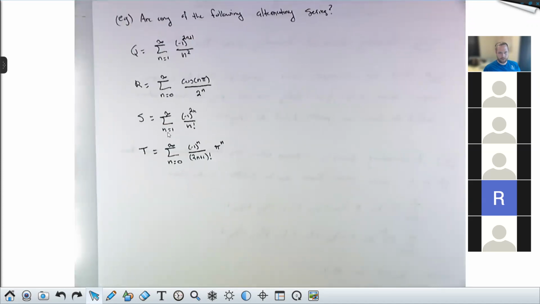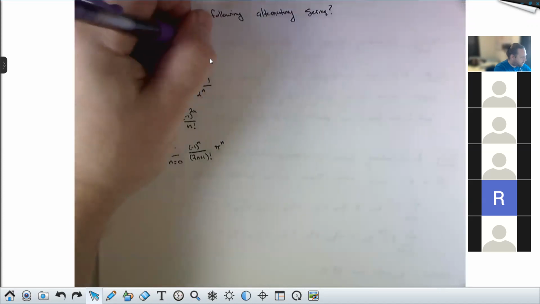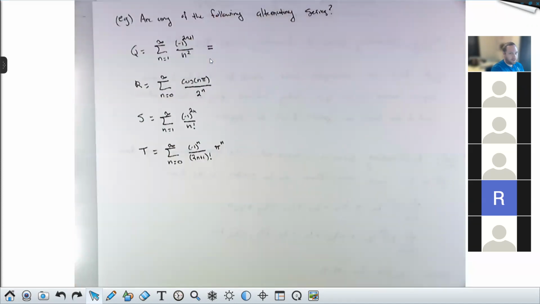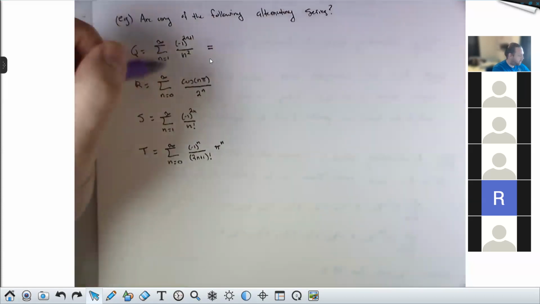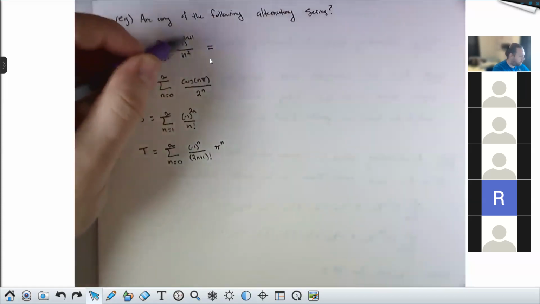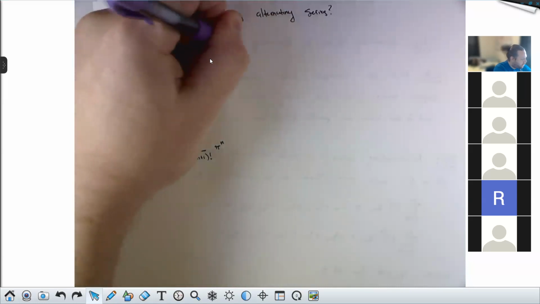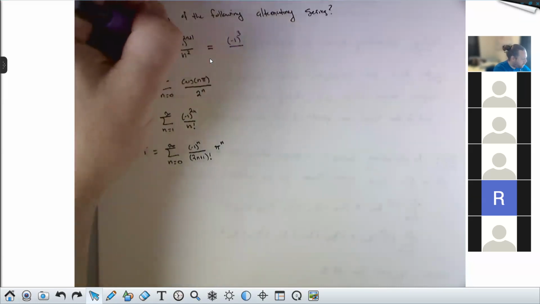Now the trick, as you might have guessed, is going to be to just write out the first few terms, right? If I write out the first few terms of each series, I should be able to see whether it's blinking back and forth between positive and negative. So for the series Q, if I plug in n equals 1, I get (-1) to the 2 times 1 plus 1, which is (-1)^3, over 1 squared.